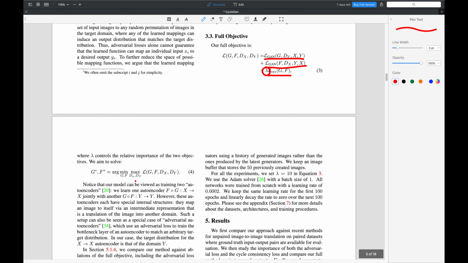And since GANs are a min-max problem, we want to minimize this for the generators and maximize it for the discriminators.